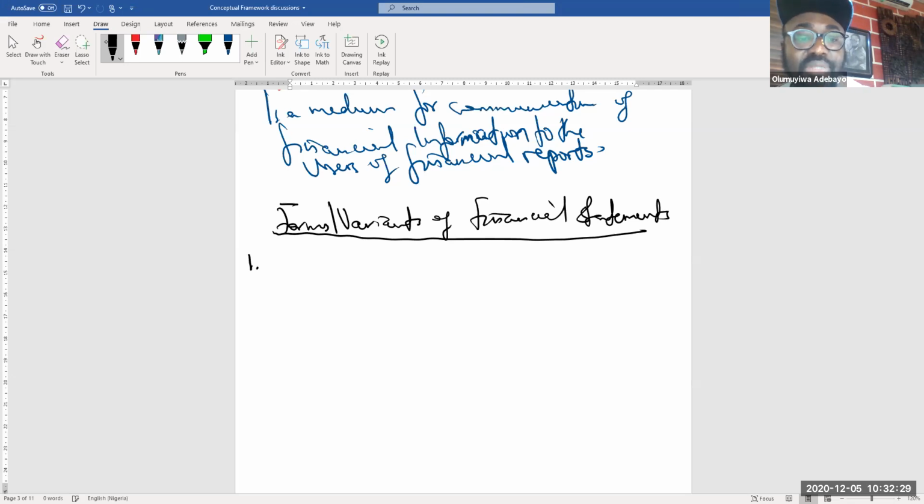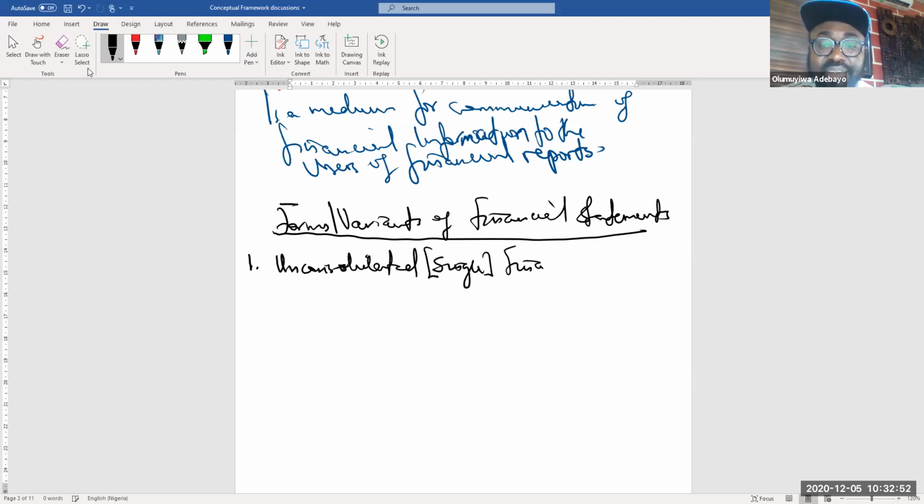Now, financial statement will come in form of unconsolidated, or simply put, single financial statements, or simply put, financial statements.